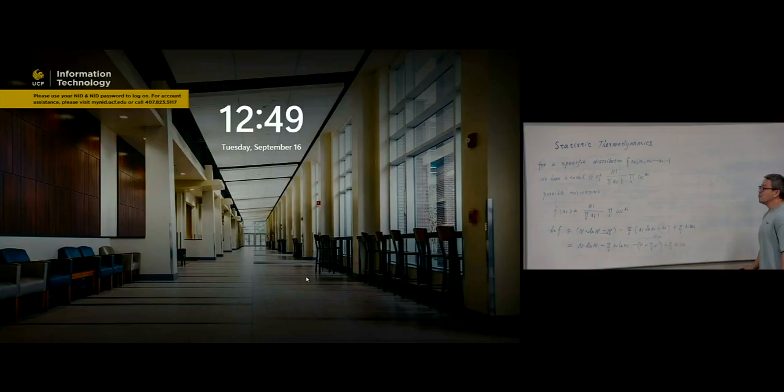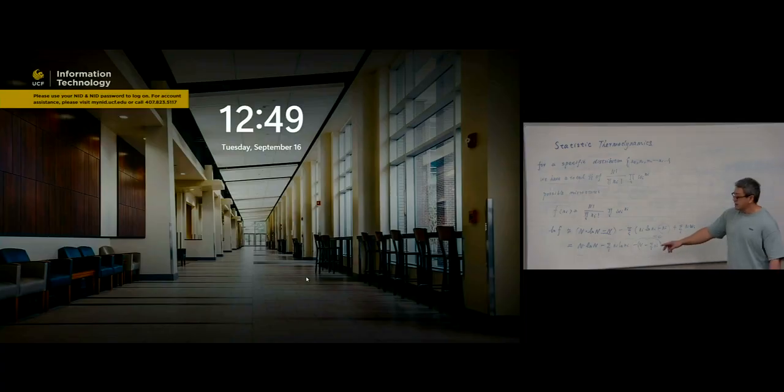Okay, so by using the Stirling approximation and also by adding a log on both sides of this equation, we transform this function to this function, correct? How does the second line come?